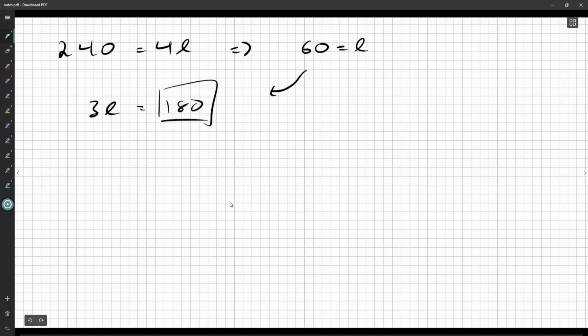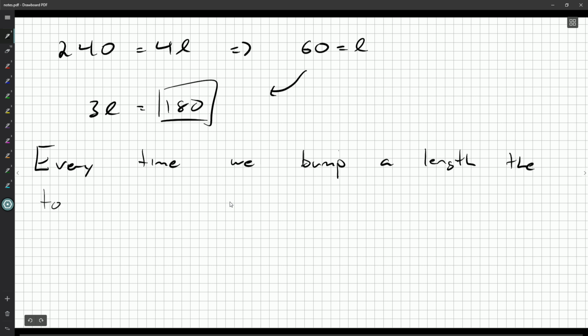So I might say, as already noted, every time we bump a length, the total length gets multiplied by 4L when we're done.